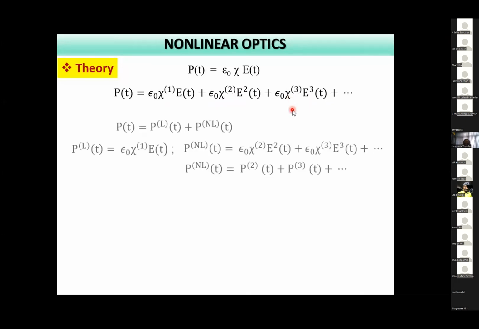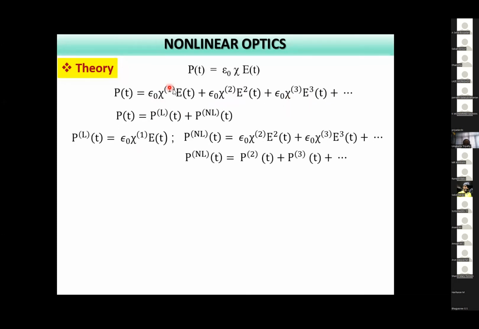Now, if I put it in a different way, suppose this is my linear polarization. The total polarization is the sum of linear and nonlinear polarization, and nonlinear polarization starts from the chi2, chi3 terms. Here, this is my second order polarization term and third order polarization term.